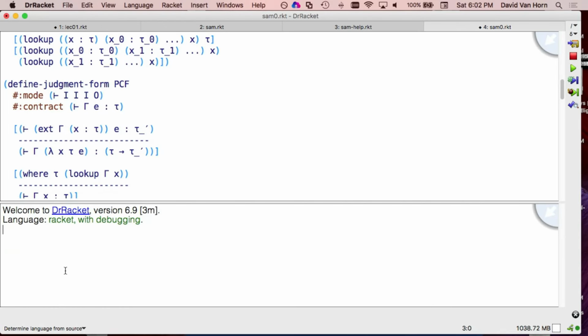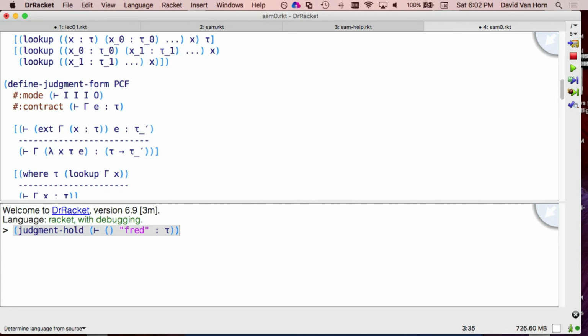So if I ask something like, does the judgment hold that in the empty type environment is the string Fred, does it have a type?